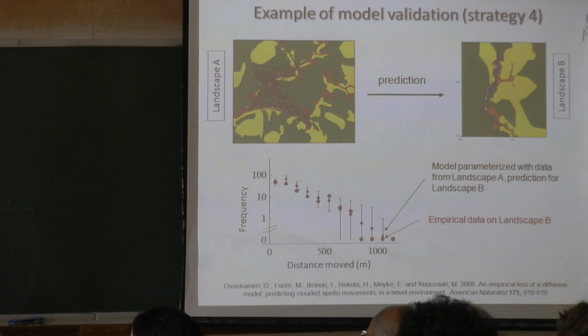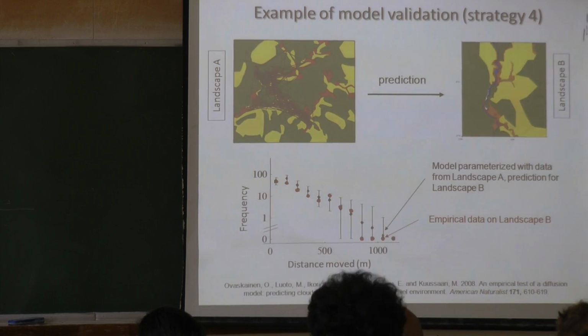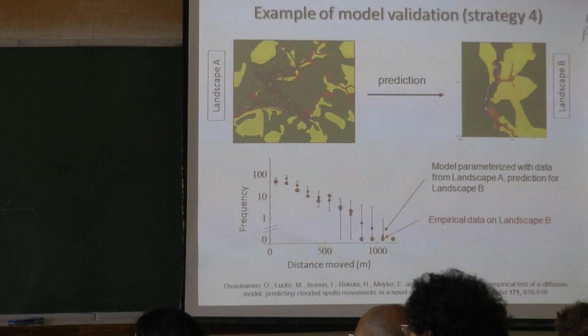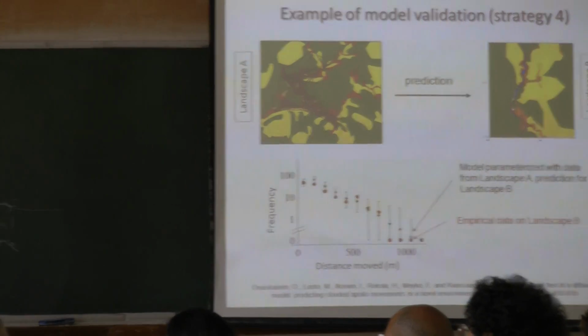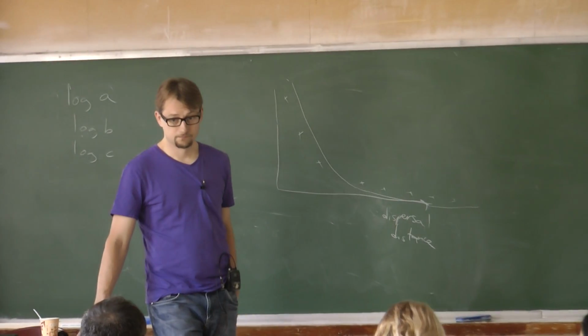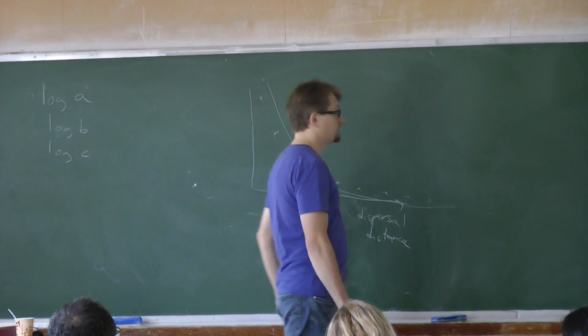There's an implicit assumption here that the system should behave the same in these two regions, which might be untrue. So it could be that the model will not fit the other landscape, not because the model is wrong, but because the system works differently in this other landscape. Yeah, that's a very good point.